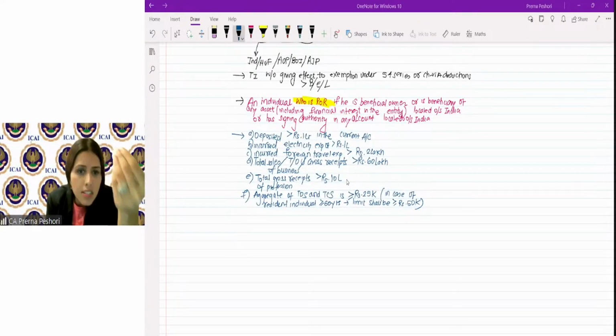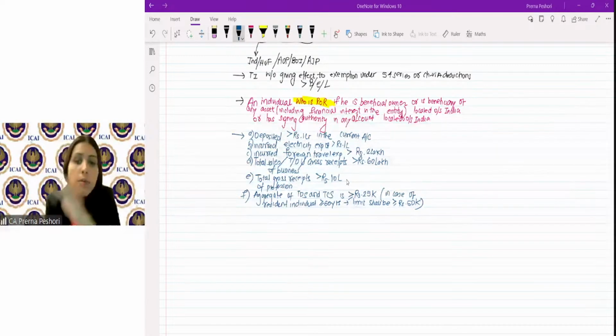Let's say my business is discontinued, there is some disruption which has happened, and because of which I am unable to earn anything. So I don't have any mandate to file the return of income in this year, just because I have filed the ITR for last year. You have to check each year these conditions for the individual, HUF, AOP, BOI or the AJP.